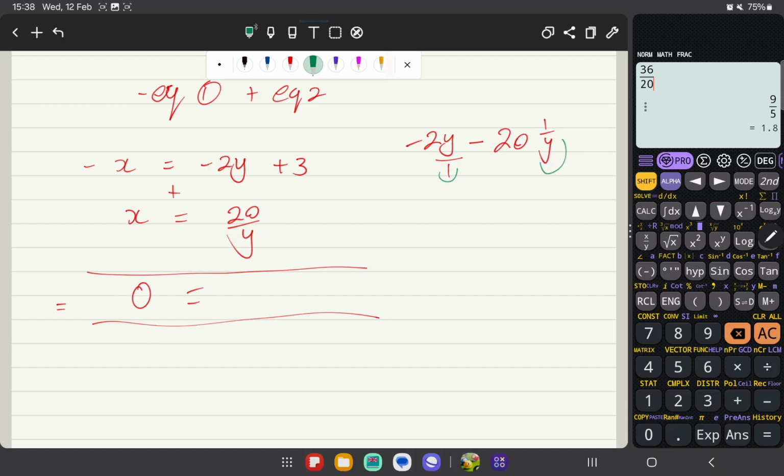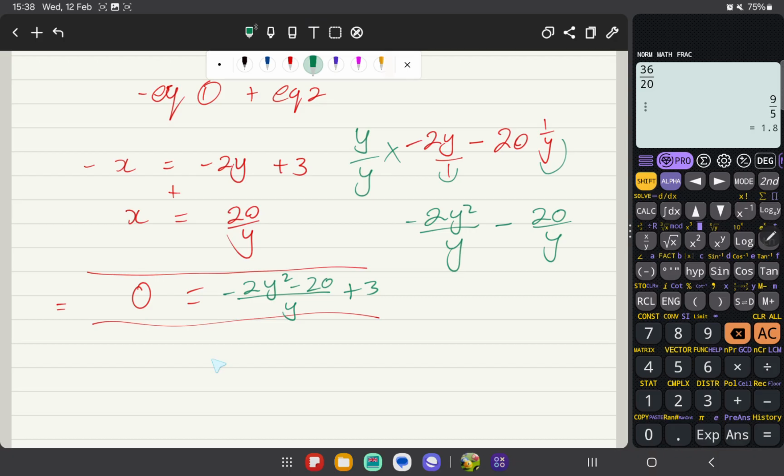My denominator here is 1, so I can just multiply this by y over y. That means I'm gonna have negative 2y squared over y minus 20 over y, which is doable. The answer is just gonna be minus 2y squared minus 20 over y. Then I have plus 3.